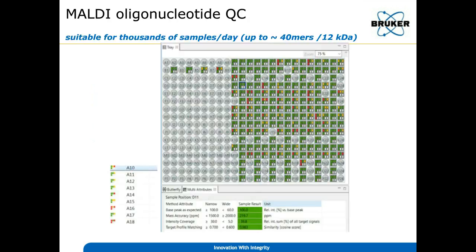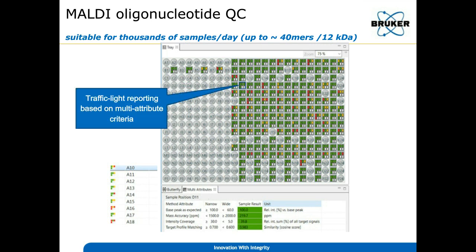This slide shows the results on a MALDI plate that was used for screening oligonucleotides. The results are seen in a traffic light reporting based on the multi-attribute criteria that was set by the user. All of the attributes set show a green code in the table, indicating that this particular sample passed the multiple criteria set by the user.